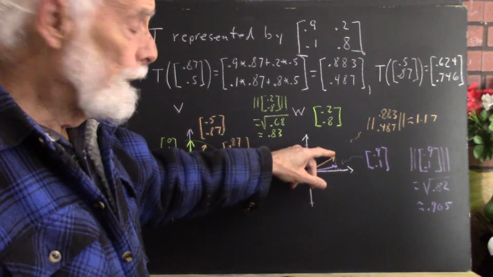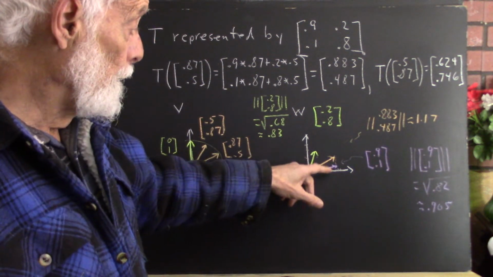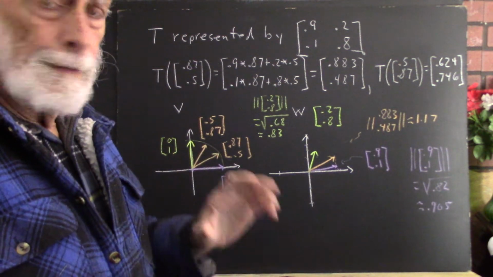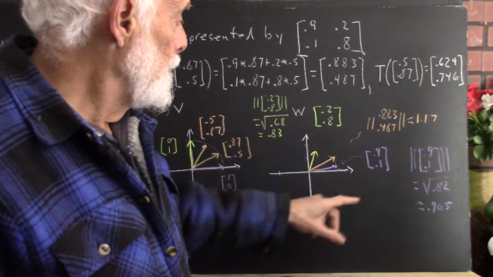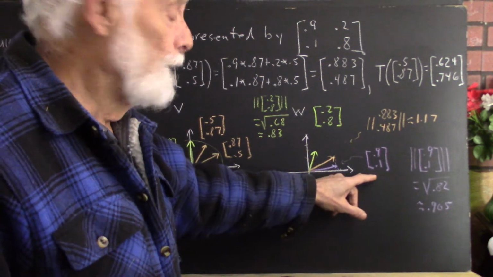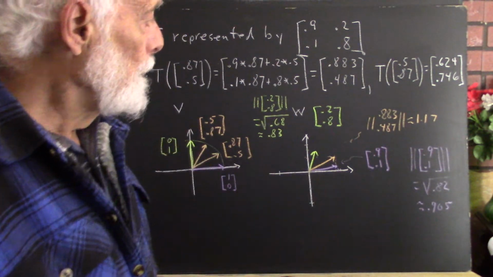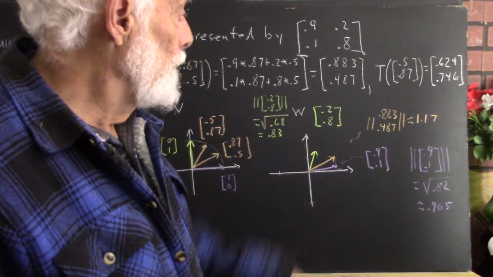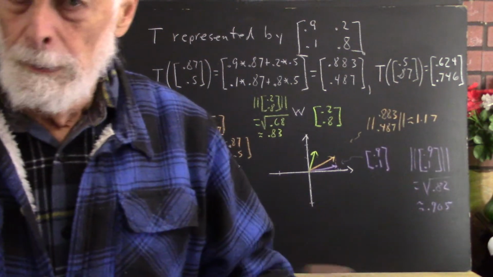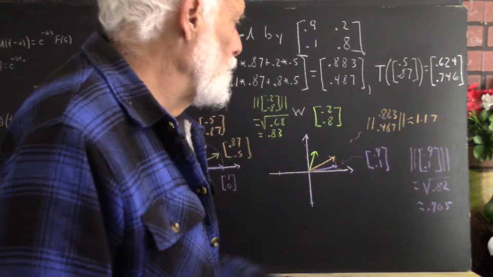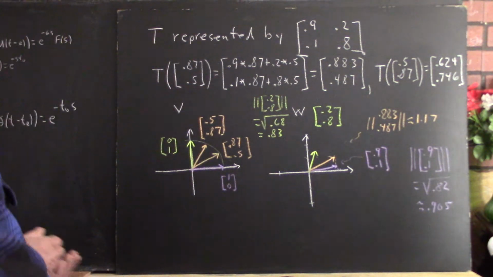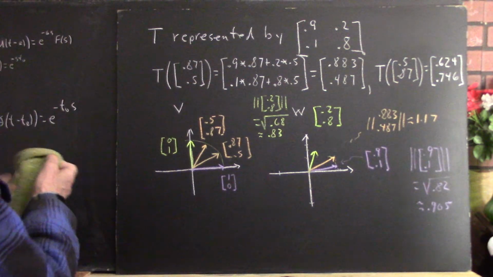The y component is much bigger than the y component of the purple vector. And the way that balances out, this vector is significantly longer than this vector. And I believe the magnitude of this vector, again using the Pythagorean theorem, you can check my numbers, is about 1.17.